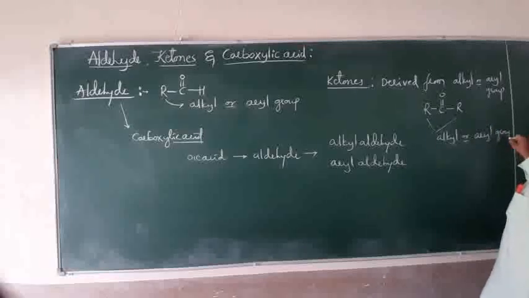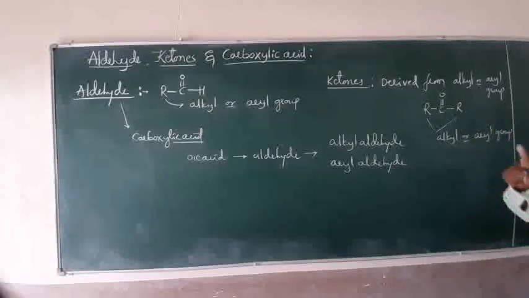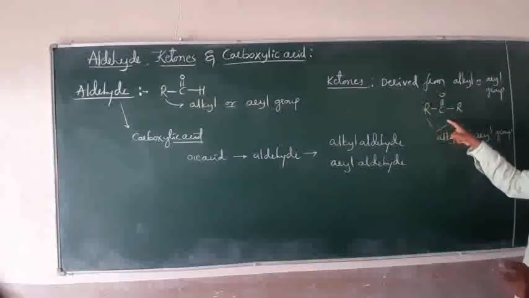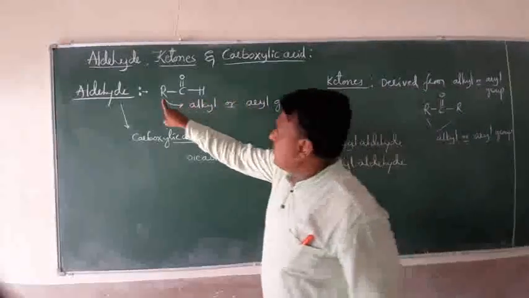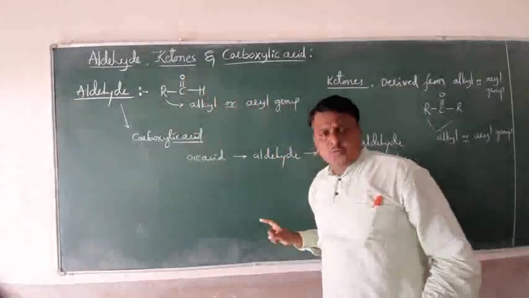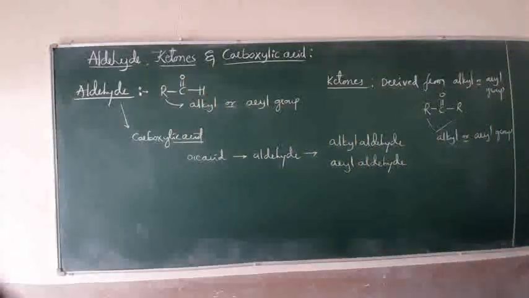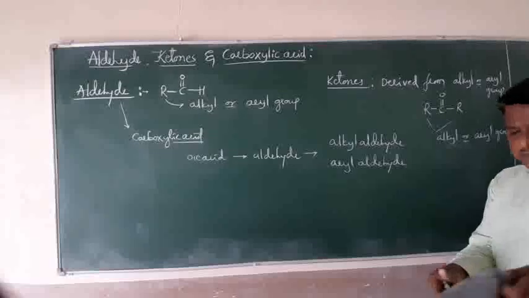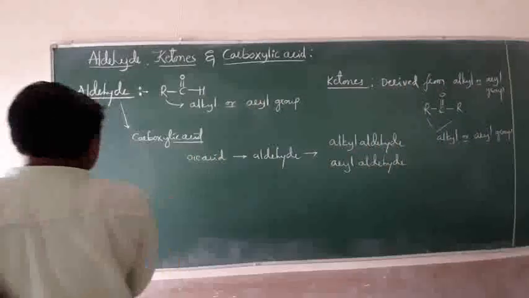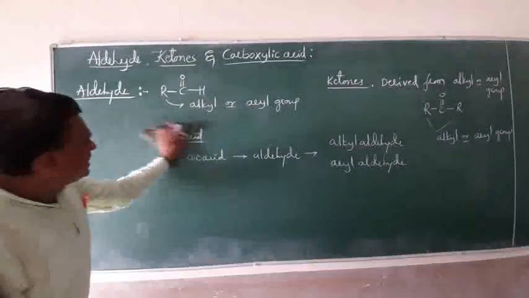This is a simple introduction regarding aldehydes as well as ketones. Keep in mind, ketone has the general formula RC double bond O R, and aldehyde has RCHO. So both alkyl or aryl groups can be substituted in the position of R.